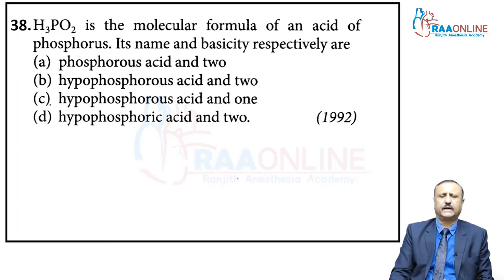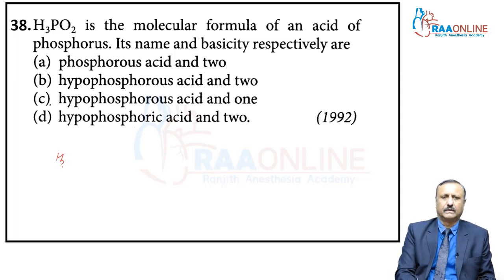In question number 38, H3PO2 is the molecular formula of an acid of phosphorus. The name and basicity respectively are. Now we can see in the NEET paper, H3PO2 is a very important reagent, at that time in 1992, 1993 or 1996, 1997. And this is called hypophosphorus acid.